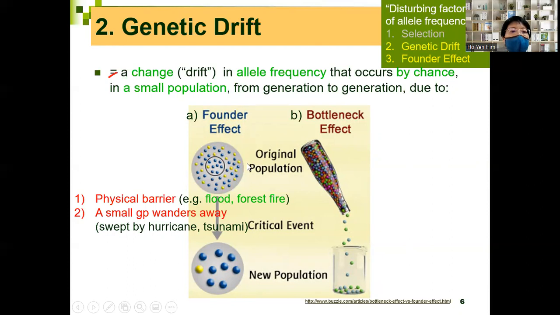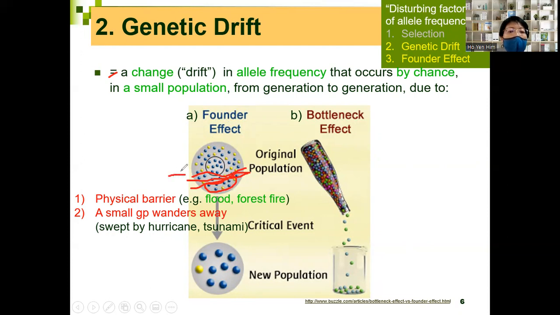Or there's a flood and the original population is here, but there's some water that actually cuts across and the flood is around here. So this group of individuals here are being separated away from the original population. Or a forest fire is also the same thing.